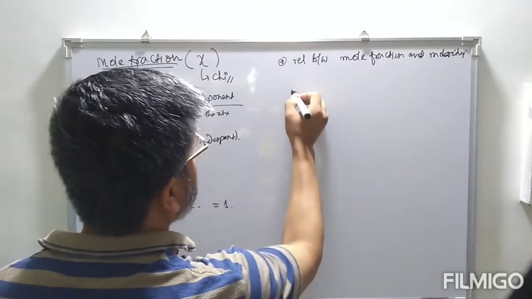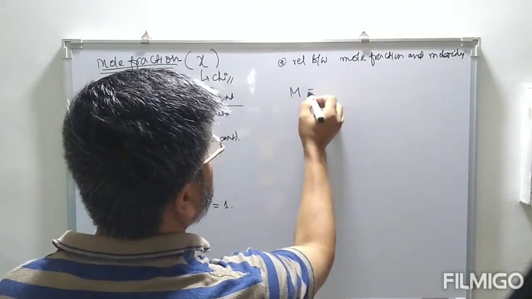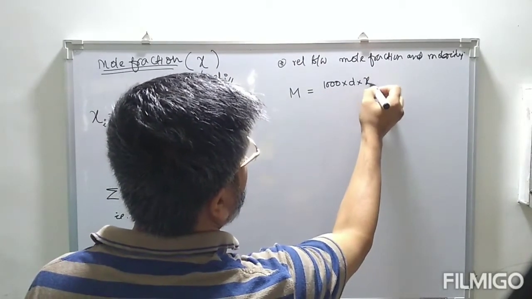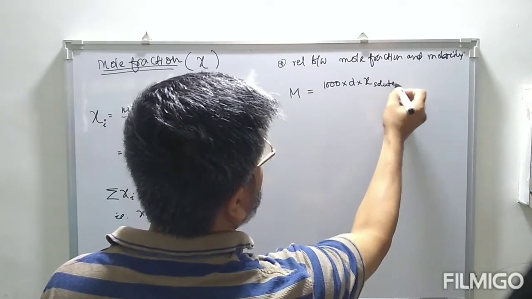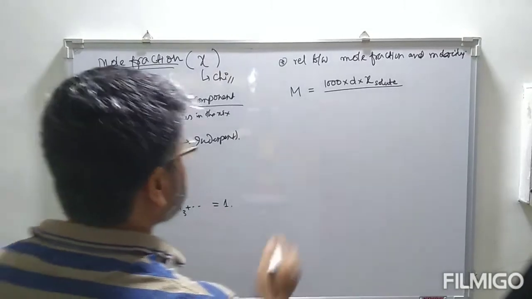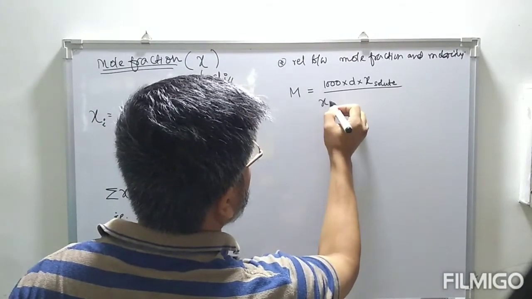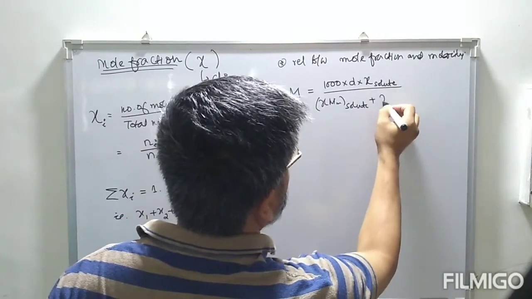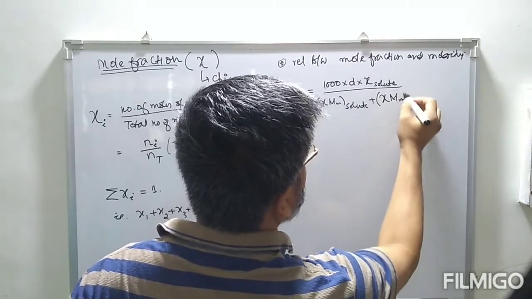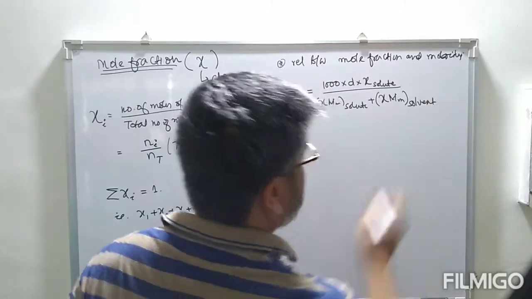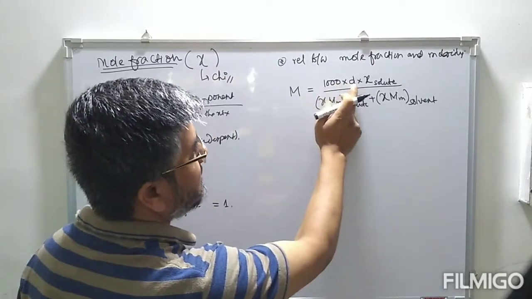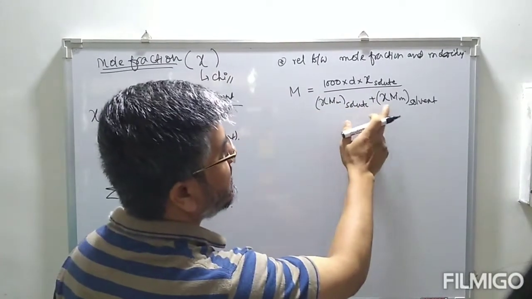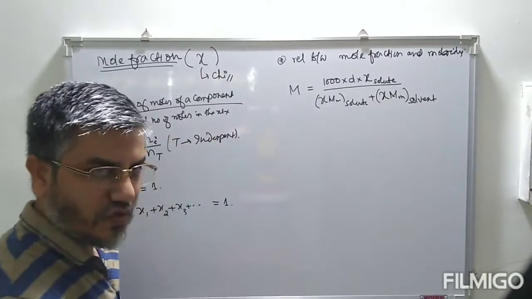So molarity is equal to 1000 times density of solution into mole fraction of solute, divided by mole fraction of solute into molar mass of solute plus mole fraction of solvent into molar mass of solvent.